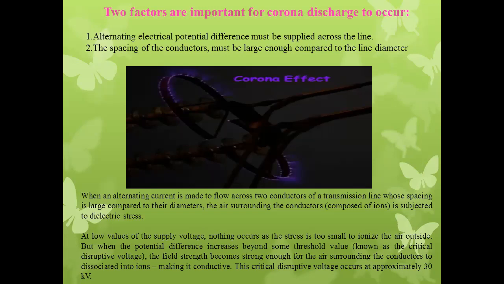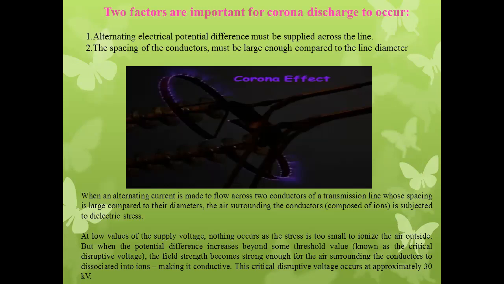Spacing of conductors means the spacing of two conductors of the same phase. So the spacing of the conductors plays a very important role in producing corona discharge: it must be large enough compared to the line diameter.